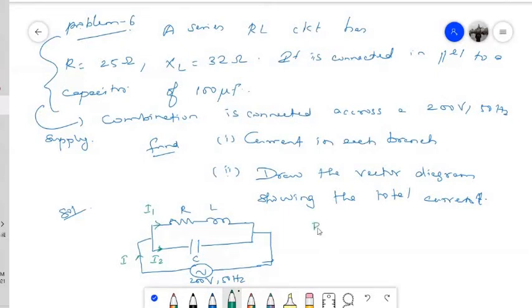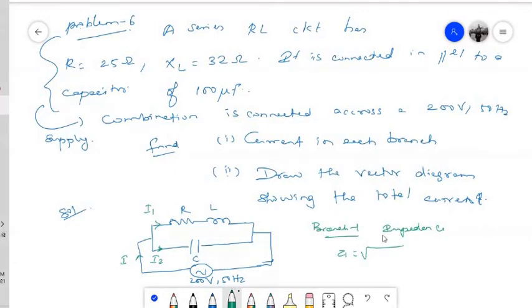Now, for branch 1, the impedance Z1, the magnitude of the impedance, will be what?